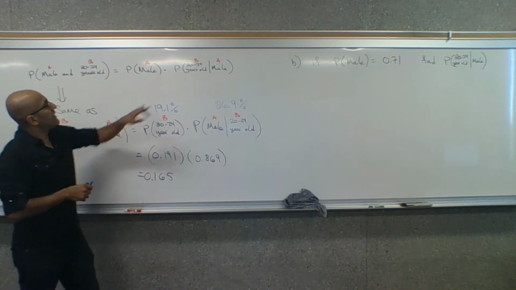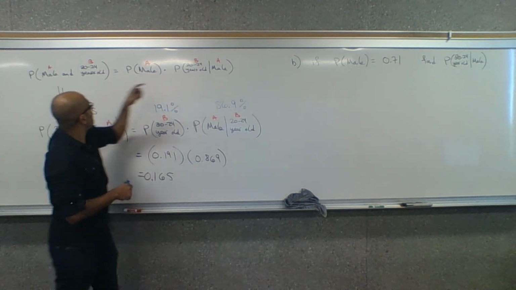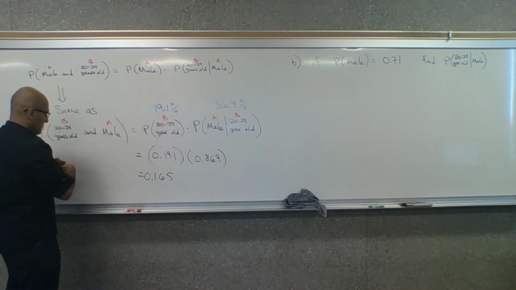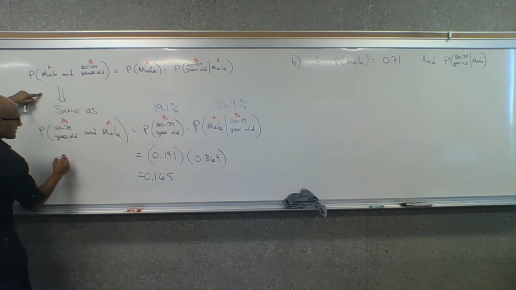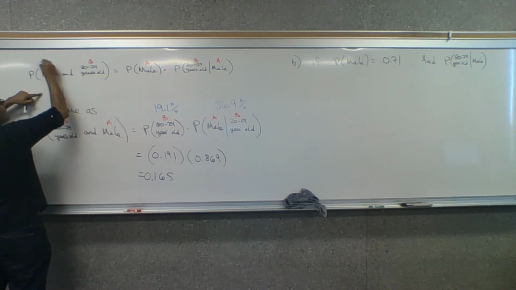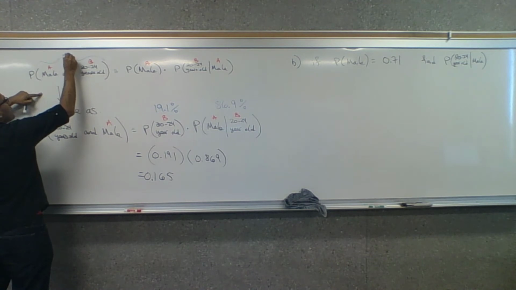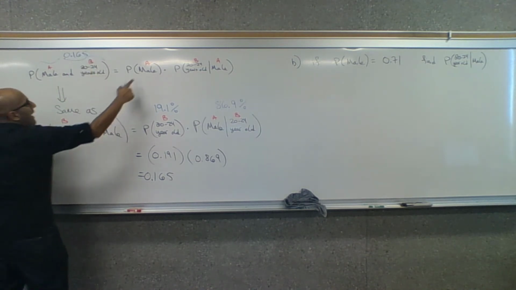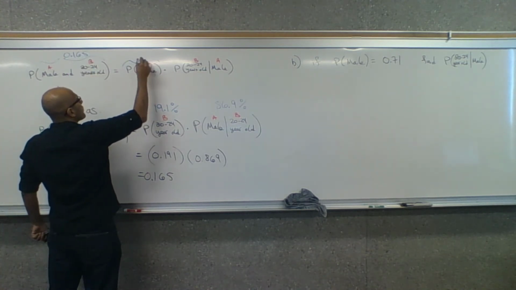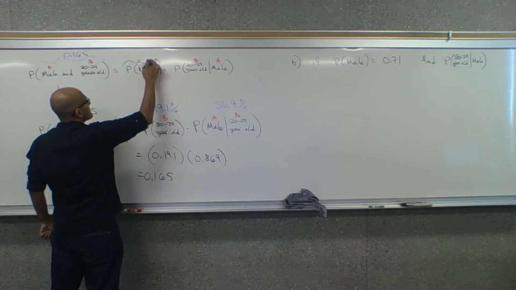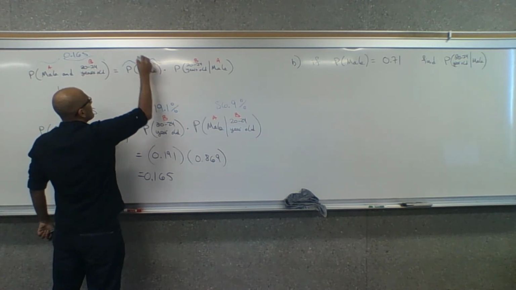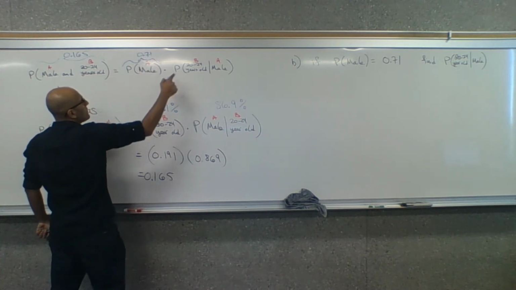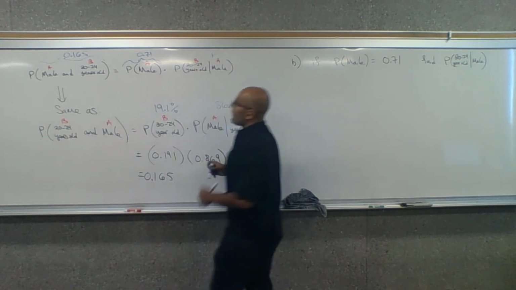Okay, so in order to find that one, if I know this one and I know that one, let's just put them on here. If this is 16.5%, that means that this guy over here is 0.165. And if part B of this question said that this was 0.71, then I can find that one. That's easy.